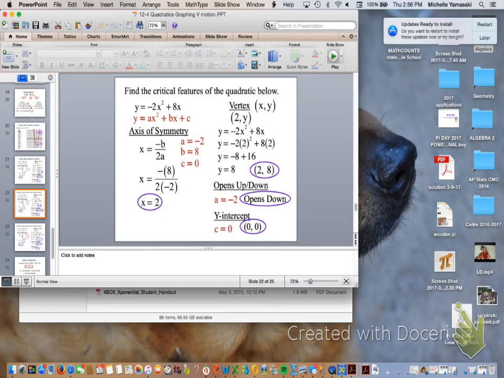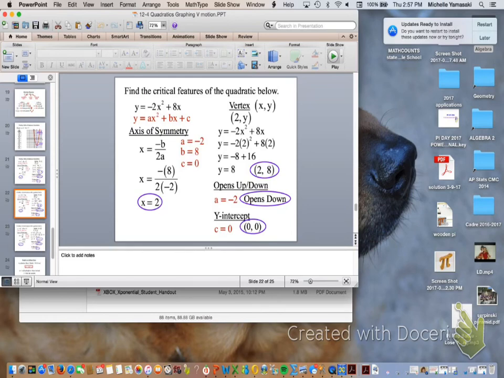I've got my vertex: 2 squared is 4, minus 8 plus 8, so it's 4. So 1, 2, 3, 4.